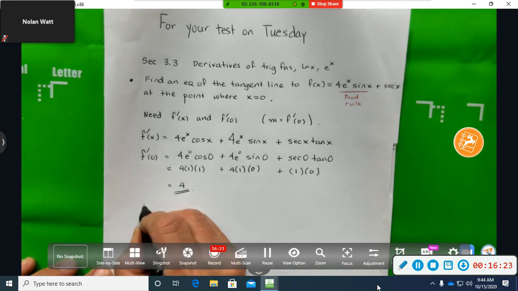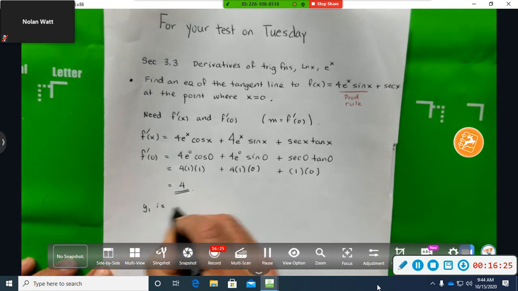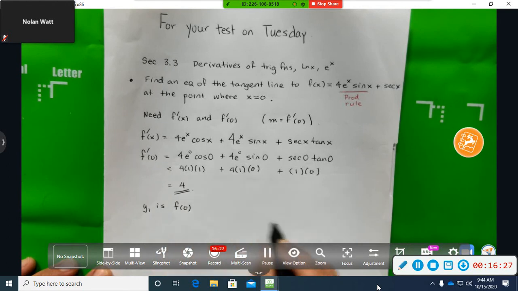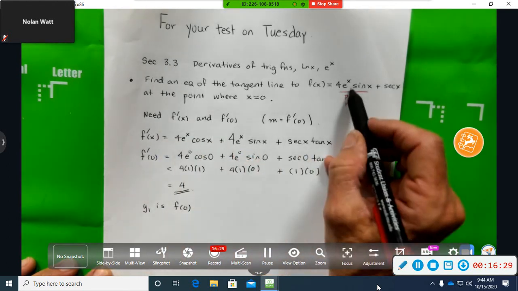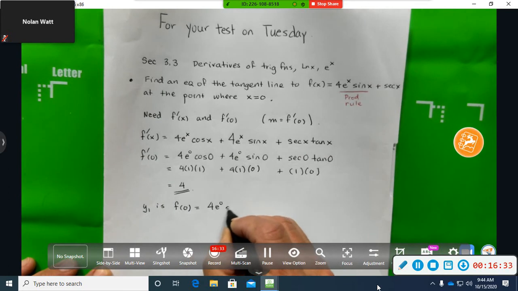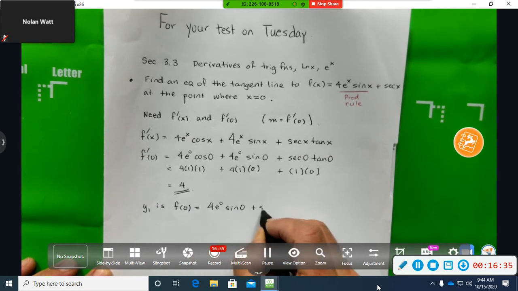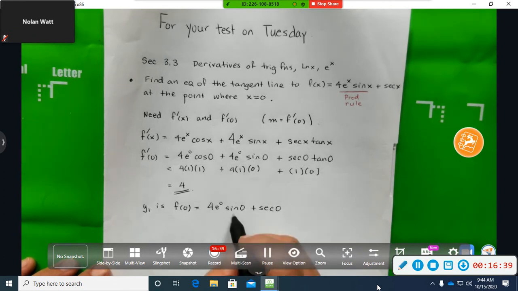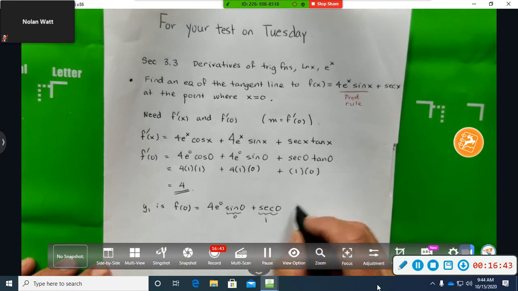Now we need our y1 value. So we plug 0 into our original function: 4e to the 0 sine of 0 plus the secant of 0. Again, the sine of 0 is 0, so that knocks that out. Secant of 0 is 1, so f of 0 is 1.